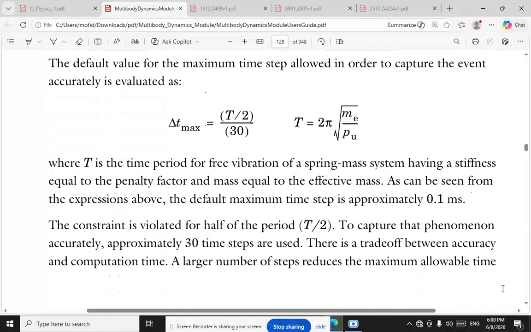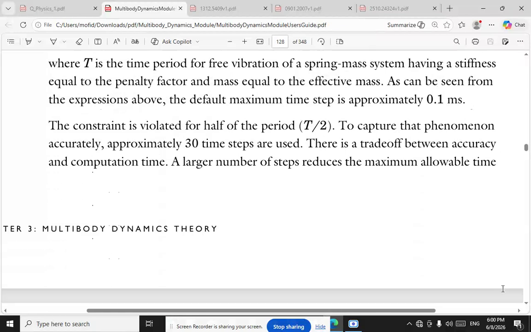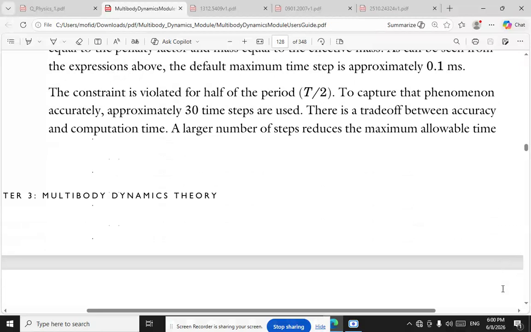The default maximum time step is approximately 0.1 millisecond.